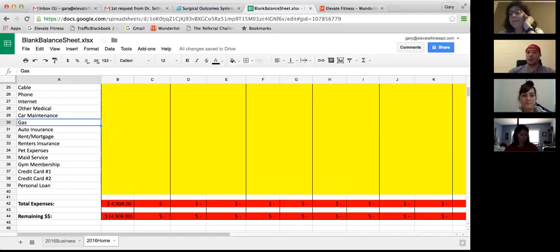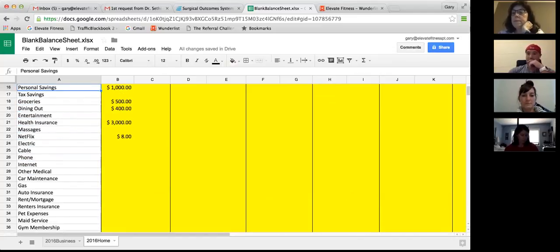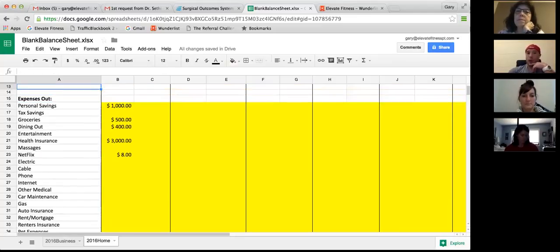And last week we talked about going back into your bank statements and your credit card statements to look over exactly where your expenses are coming from. This is how you do it. You go back and you highlight those items and you put them into here. I cannot tell you how many people I coach that have a lot of different businesses that don't do this.